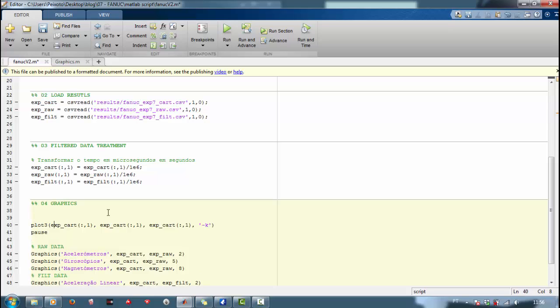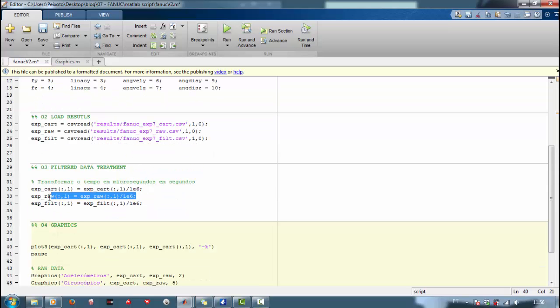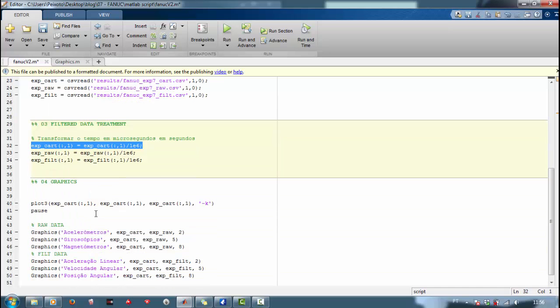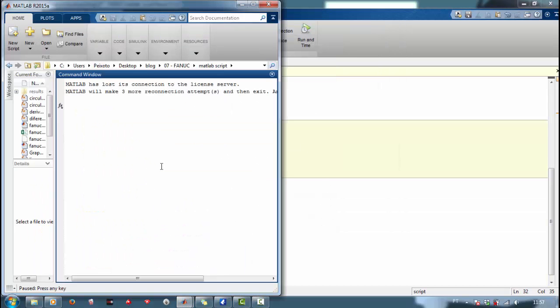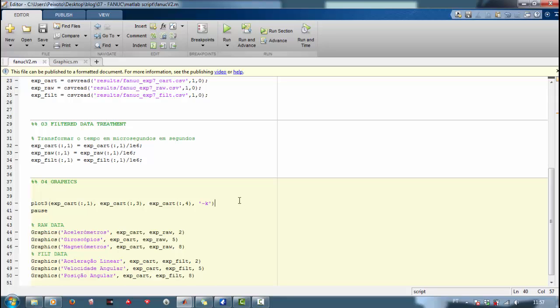So in X we have the timestamp, which I have divided by 1 million, as you can see, because the time is given in microseconds and I want to analyze it in seconds. In the y-axis, I believe we have the y axis of the robot, and in the z-axis we have the z-axis of the robot, I think.